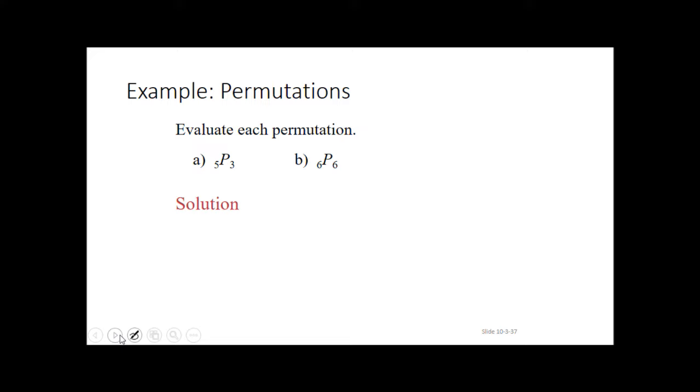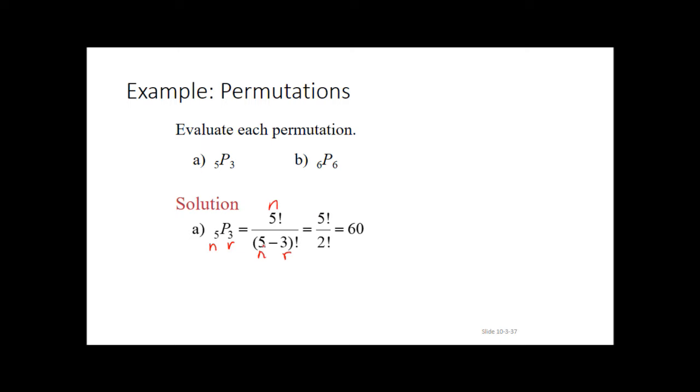Okay, let's calculate it once by hand though. If I asked you to calculate 5P3, you would recognize that for part A, n is 5, and r is 3, and we have n factorial over n minus r factorial.